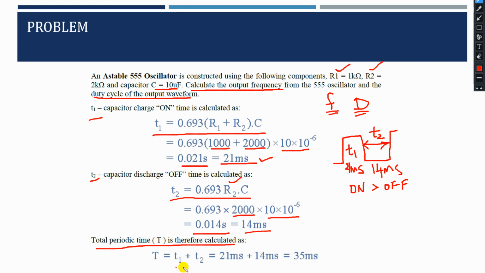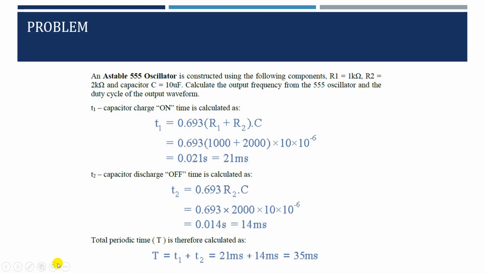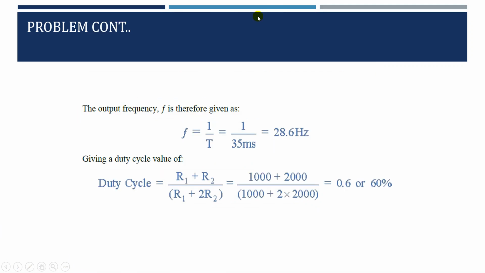T is equal to T1 plus T2. What is T1 plus T2 here? 35 milliseconds. That is your total time. Okay, understood? Next, we need to find the frequency and duty cycle.